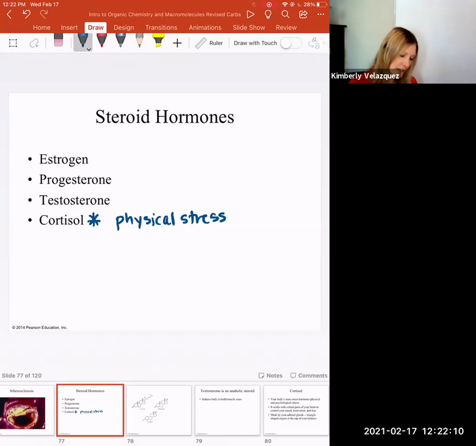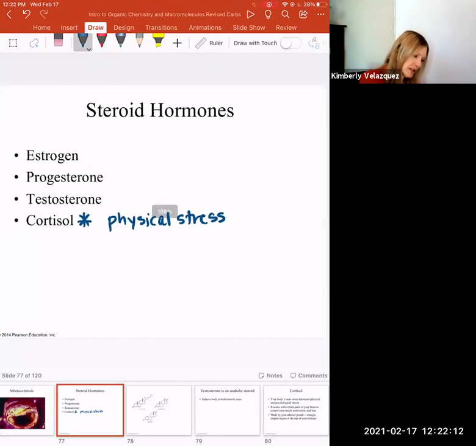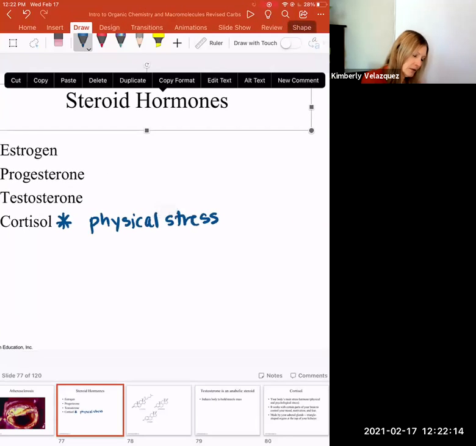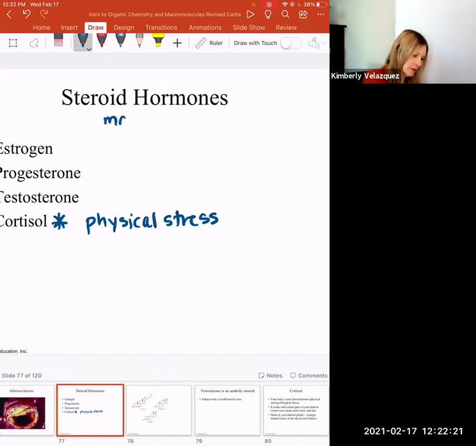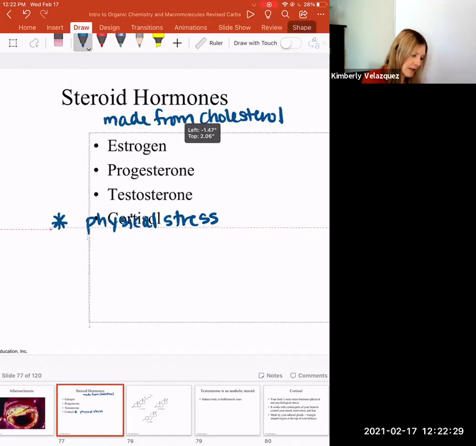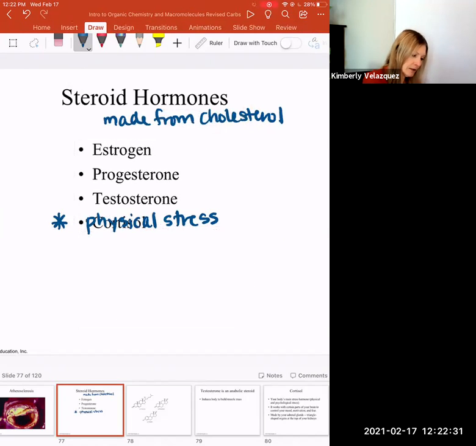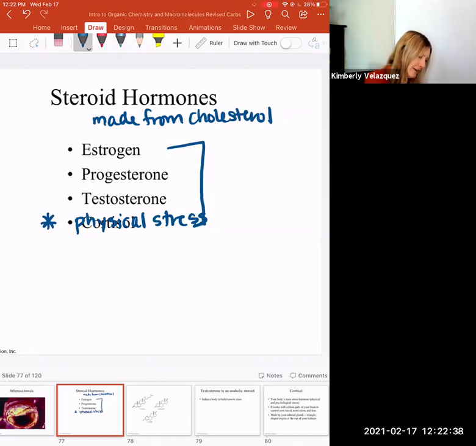And so again, you need a certain amount of cholesterol in your diet because these are all made from cholesterol, which is a lipid. So we would say that these are all lipid-based hormones, all of these, including cortisol that is now written over.